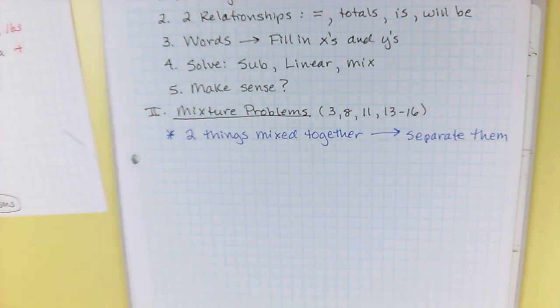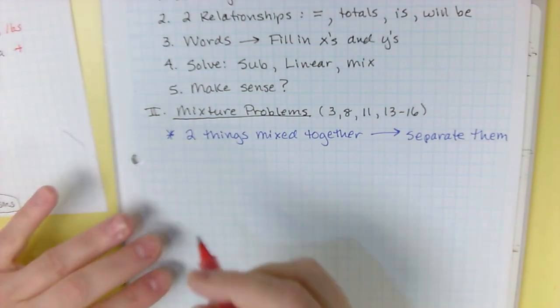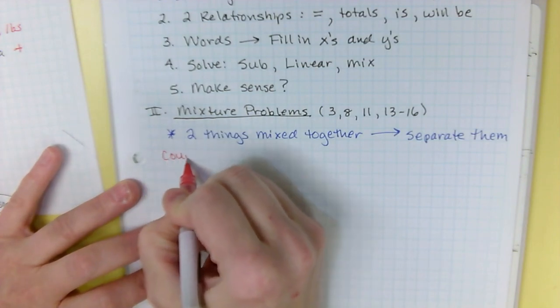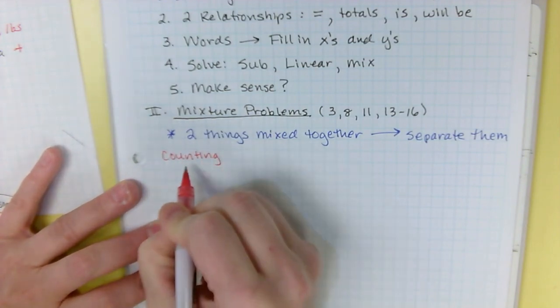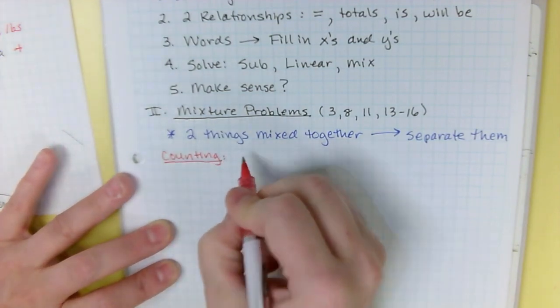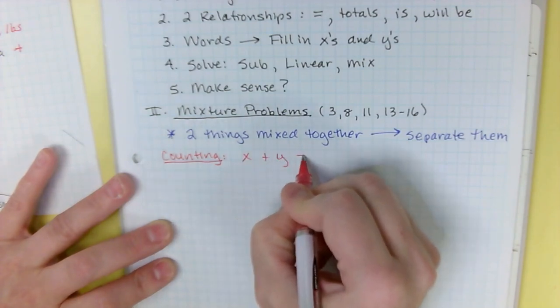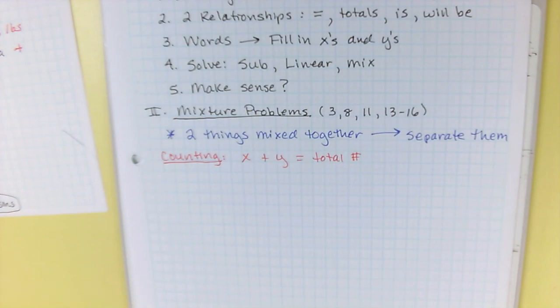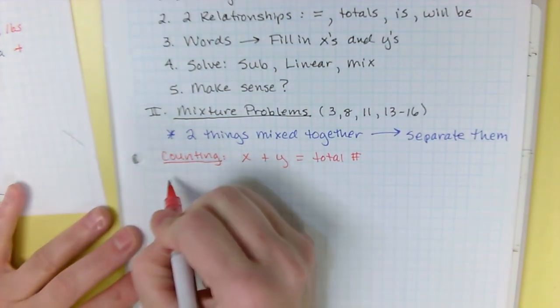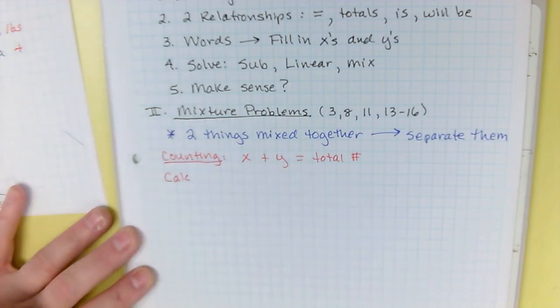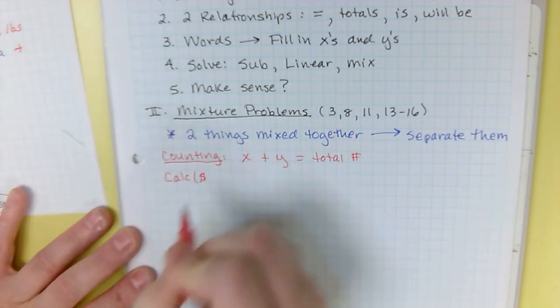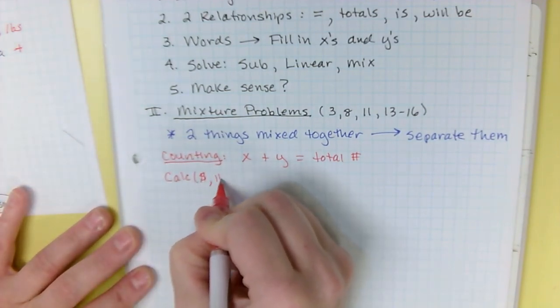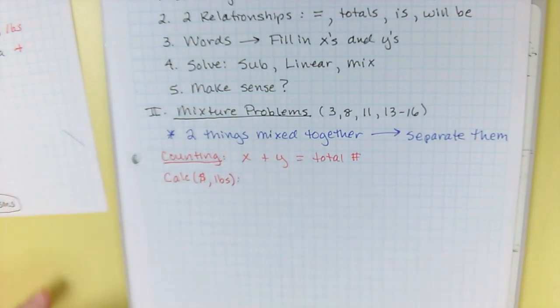All right, for most mixture problems, the first equation is going to be what we call a counting equation. And that's usually something like X plus Y equals a total number when you add them together. That's your typical start. The second equation is typically your calculating equation, and this is where you're going to use money most commonly, but also things like pounds.